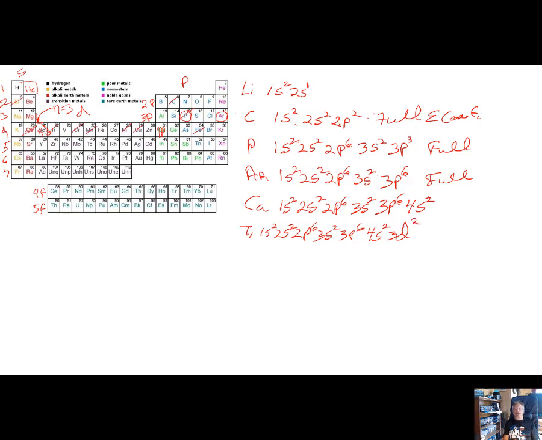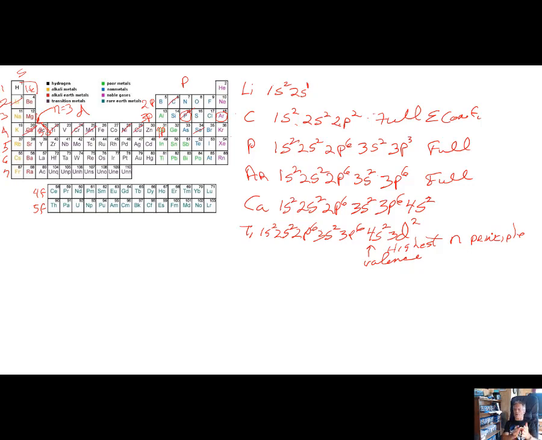Now, a couple of things. The 4s electrons are still the valence electrons. This is still the valence shell. Why is it the valence shell? Because it's the highest in principal quantum number.